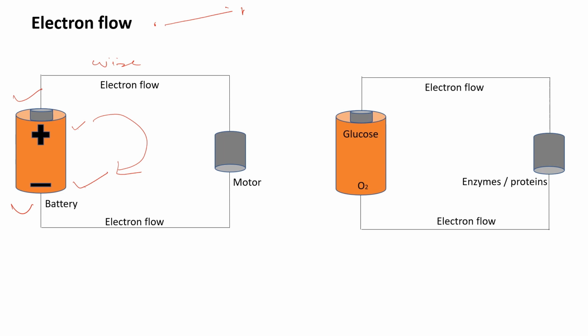Now in this path, if we place a motor, what will this motor do? Whenever the electron flows, during that process, energy is also released. So this motor will act as an energy transducer. It will take that energy and use that energy to do any mechanical work.